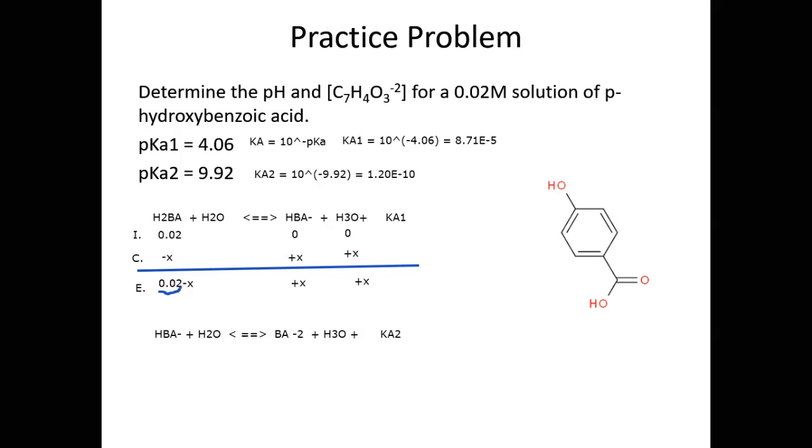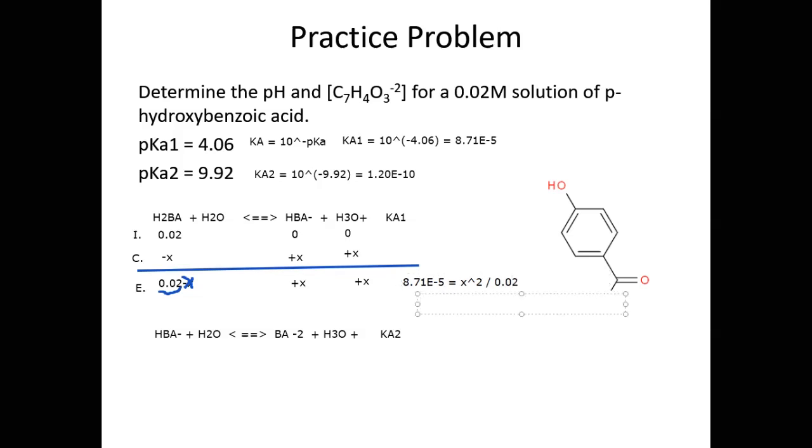The Ka1 is 10 to the negative 5th. So 10 to the negative 2 over 10 to the negative 5th, you're looking at 1,000 times magnitude difference between Ka and initial concentration. So we can negate the minus x. So then we get 8.71 e to the negative 5th equals x squared divided by 0.02.